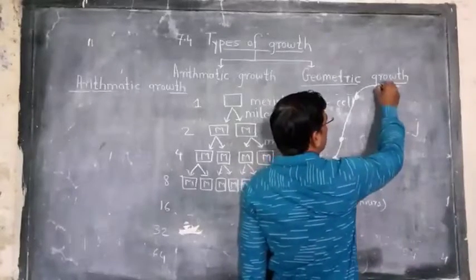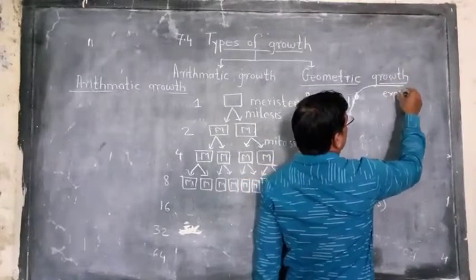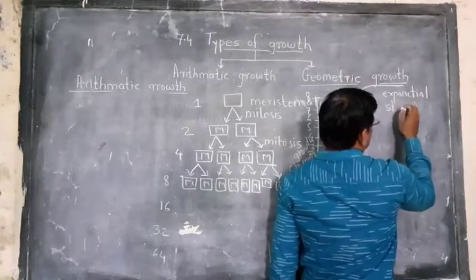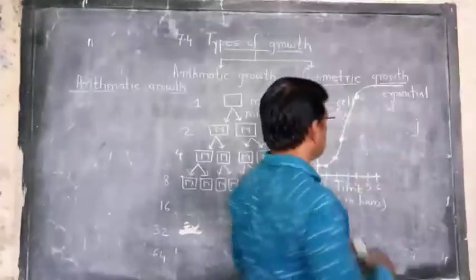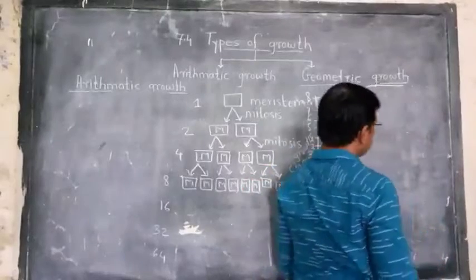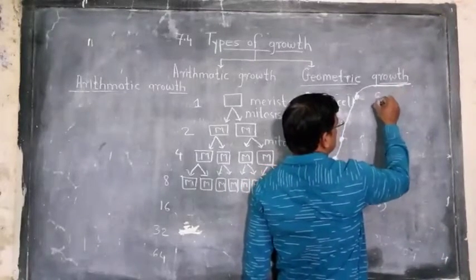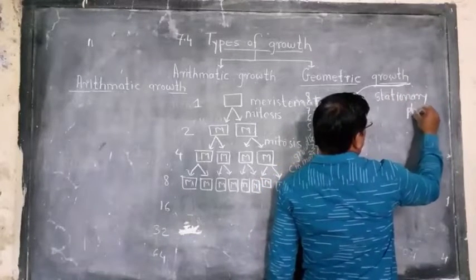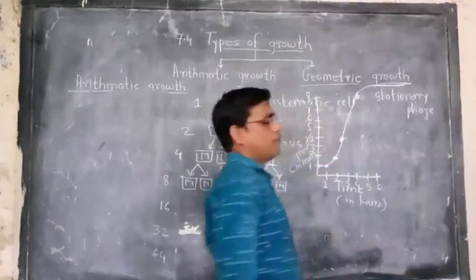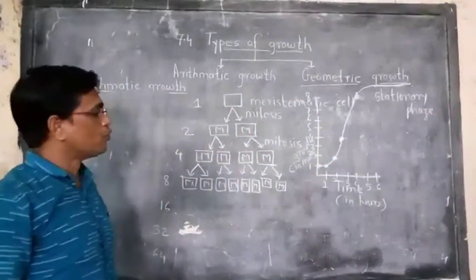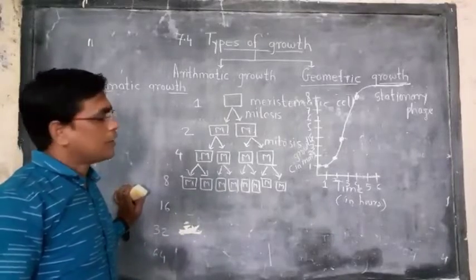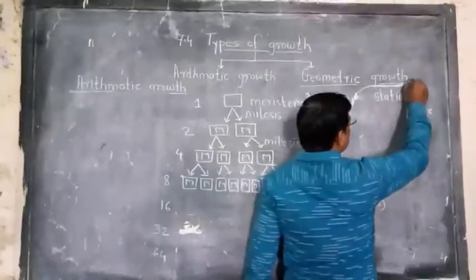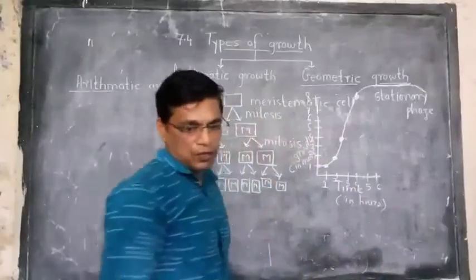This one is the stationary phase, where due to lack of nutrition the rate of cell growth is constant, or later on it will become low.